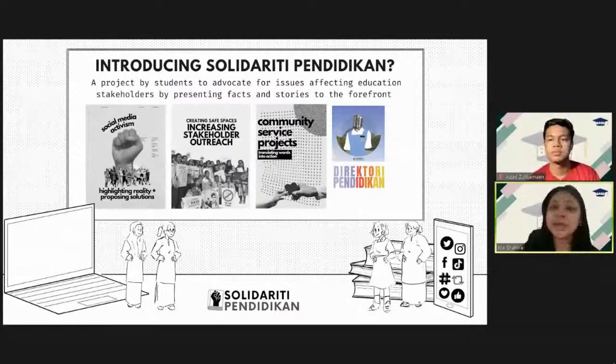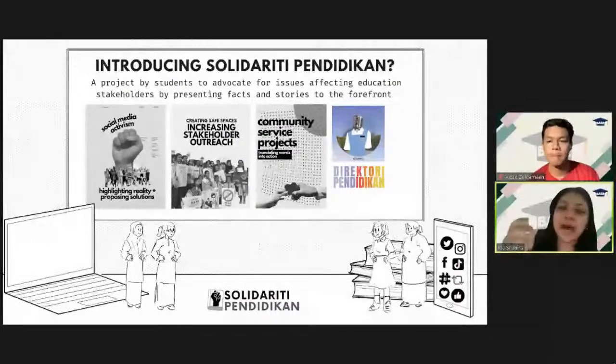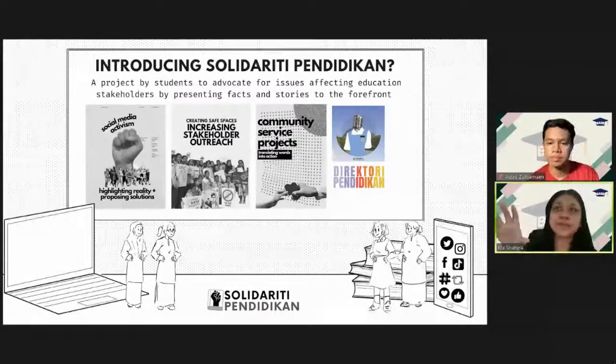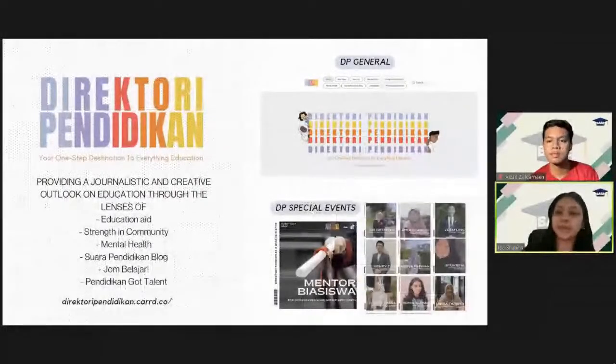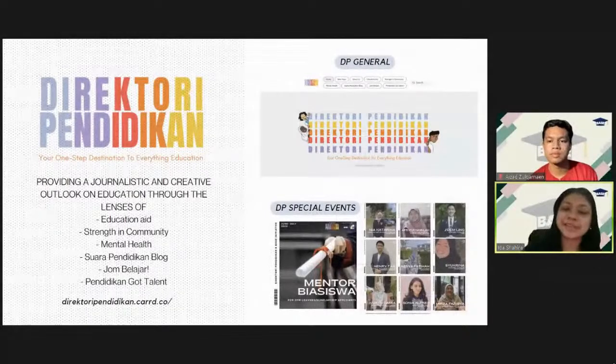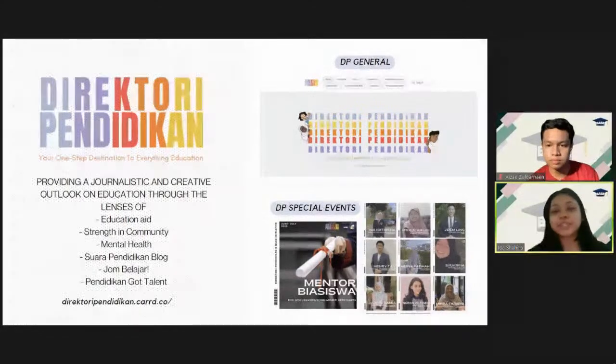Now, under Solidarity Pendidikan, apart from the main advocacy project, which you will see as our main Solidarity Pendidikan Instagram, we also have two other subsidiary projects under the bigger organization, which is Microphone Pelajar, an upcoming podcast, and Directory Pendidikan. Directory Pendidikan is where we've parked Mentor Biasiswa under. Directory Pendidikan essentially aims to be the one-step destination for everything education.